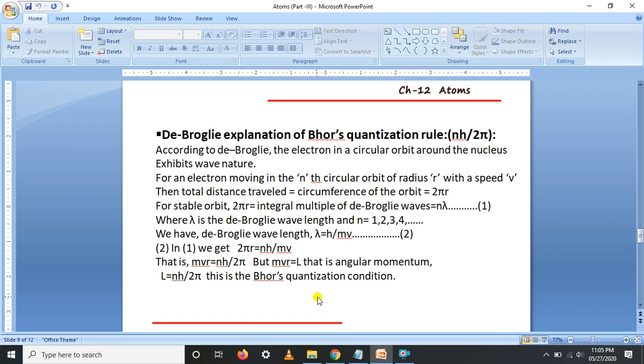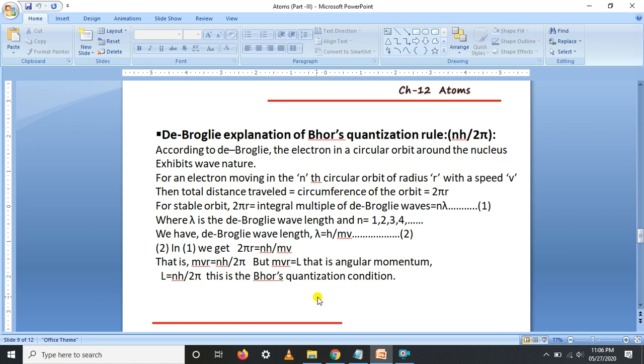So here the dual nature is explained by de Broglie, that is particle as well as wave nature. Like this, the electron has both natures.